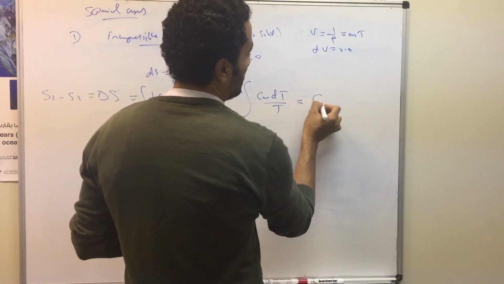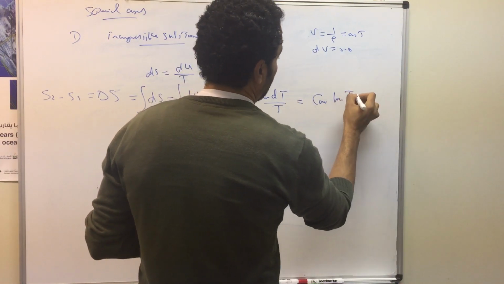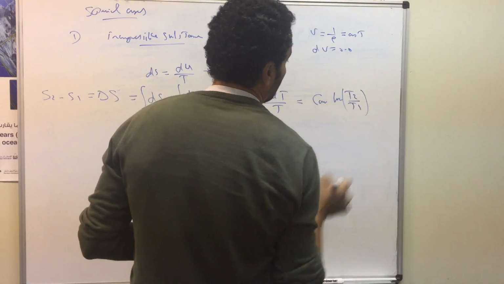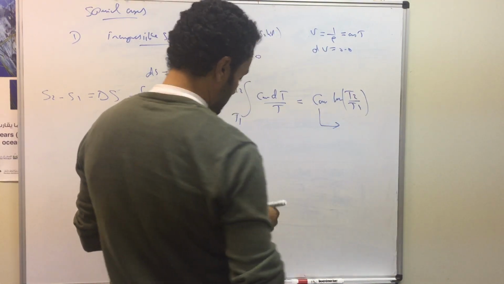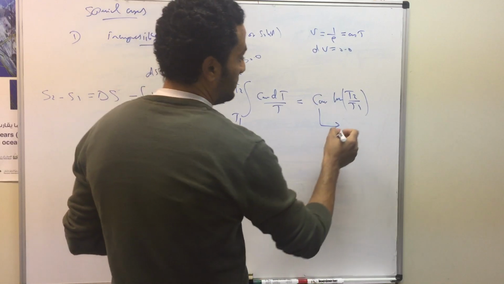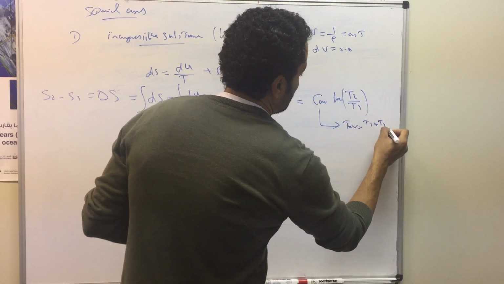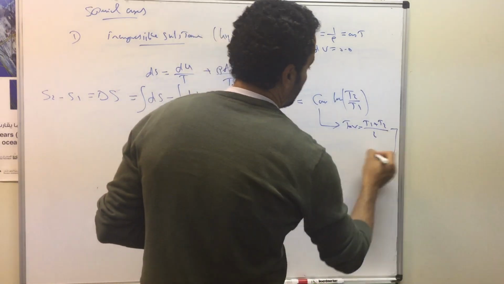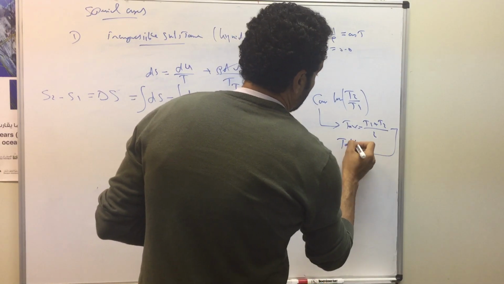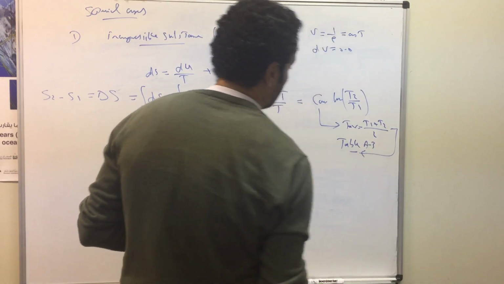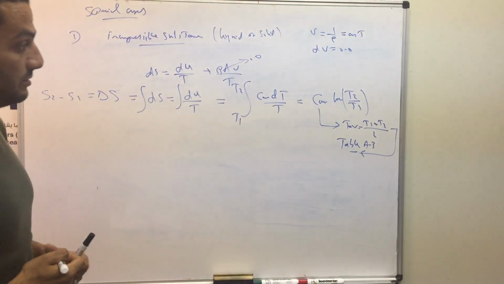So this integration will equal C average multiplied by ln T2 over T1. And this T average, if you remember for liquid or solid, is calculated as the average temperature T1 plus T2 over 2 and using table A3. So the value of C average can be calculated from table A3.